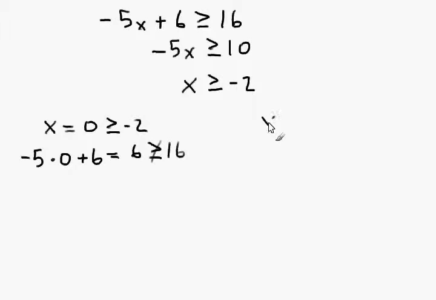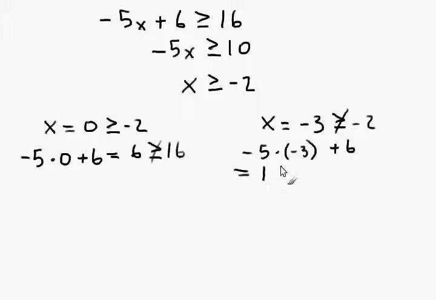Let's take some number like -3 that is not greater than or equal to -2, and we'll have -5 times -3 plus 6, that's positive 15, plus 6, that's 21, which is greater than 16.